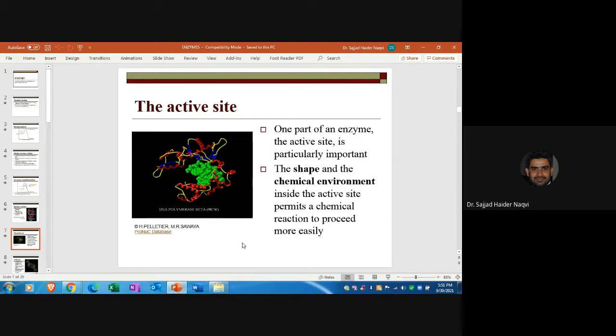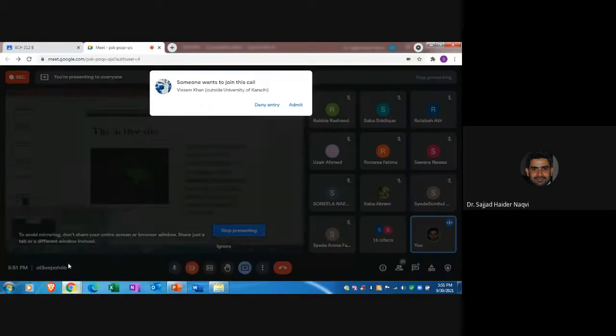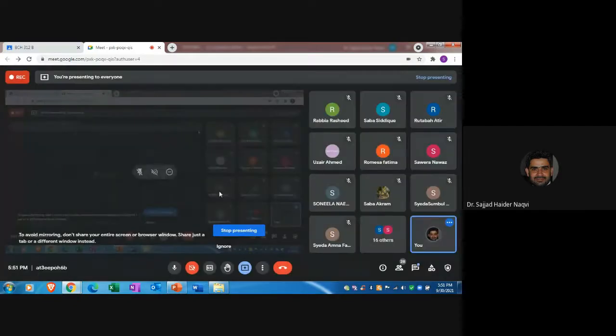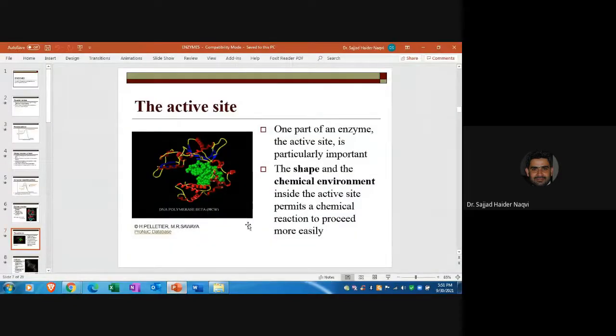The shape and the chemical environment inside the active site allow a chemical reaction to proceed more easily. In an enzyme, the active site is the particular site that binds with the substrate, the reactant, and the binding of the reactant with that active site facilitates the reaction. Let me clarify it further.